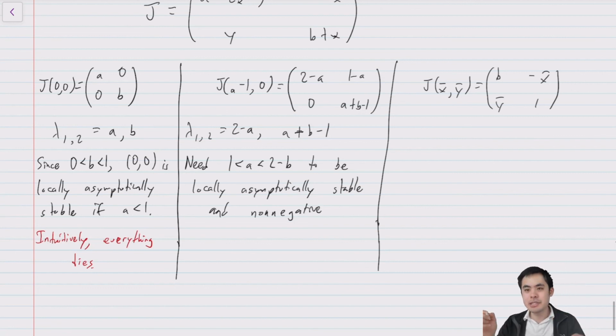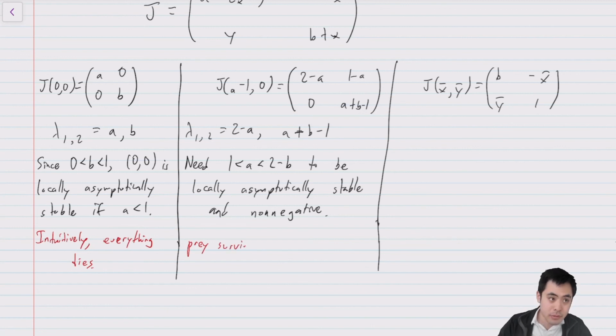Note that we can be slightly outside of this parameter range if we allow for negative prey or negative predators, but that's not biological, so we're going to have both conditions for stability and also non-negativity. And so in this case, your prey survives, but the predator goes extinct.